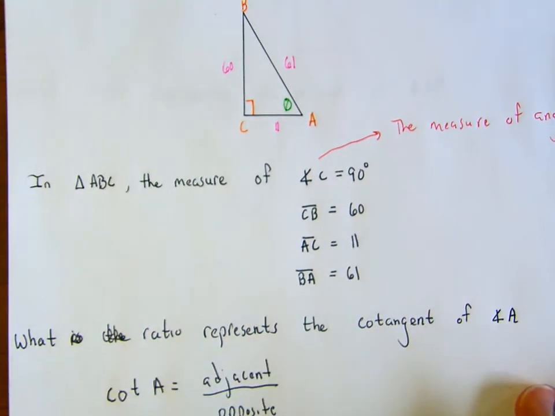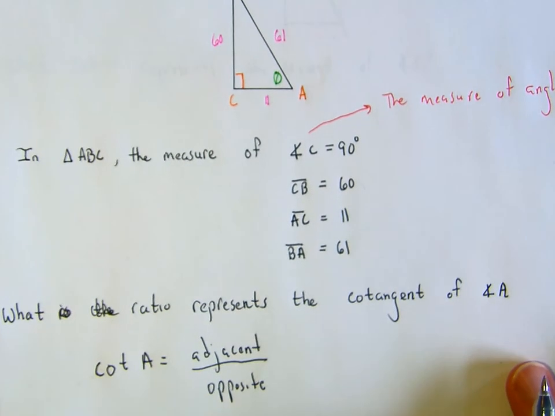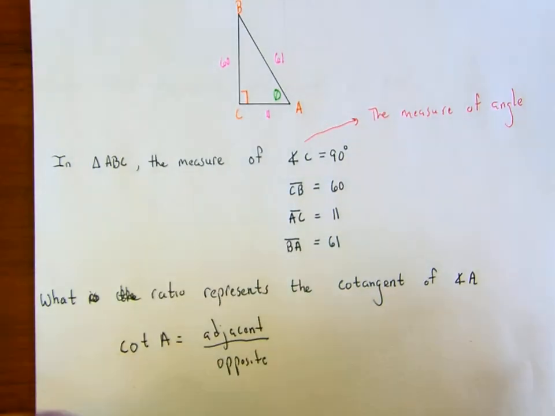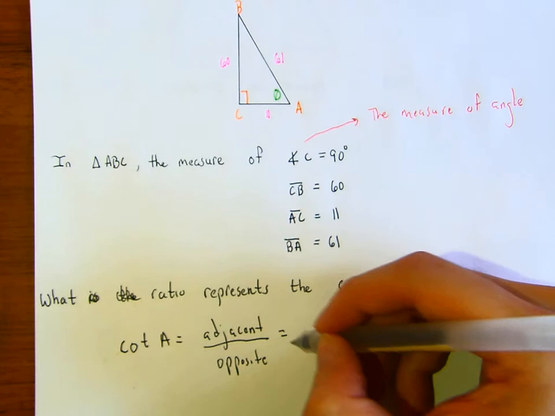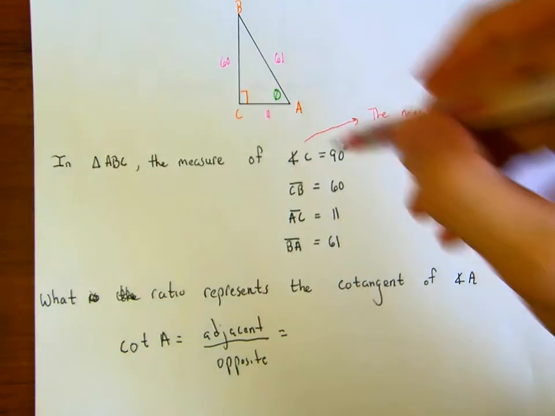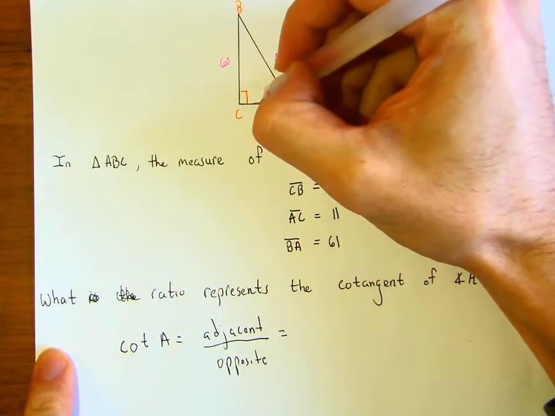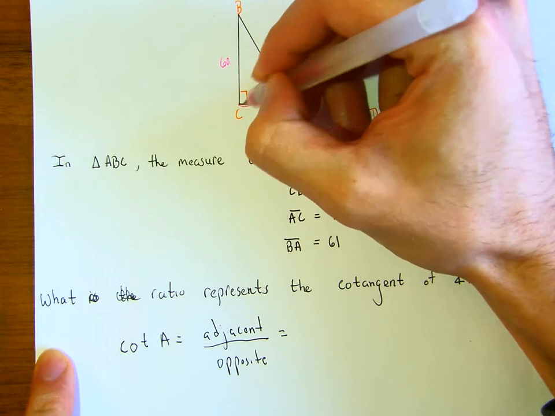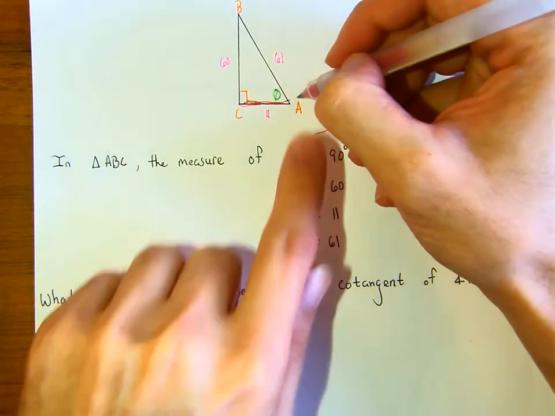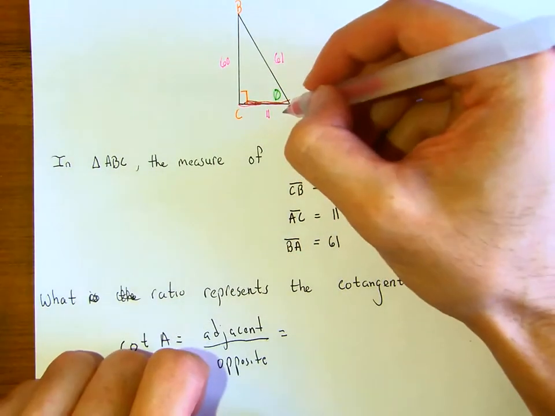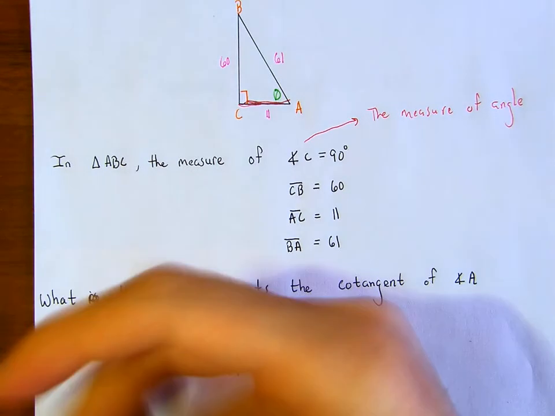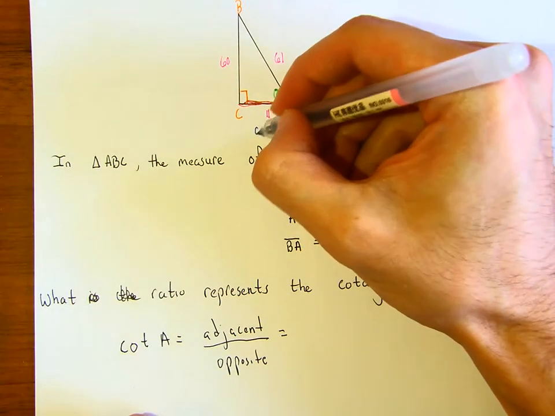Notice that when we see this triangle over here, what is the adjacent to the theta? It's this right here. This will represent the adjacent because it's next to it, right? So here, notice that, let me get some better colors. This will be the adjacent.